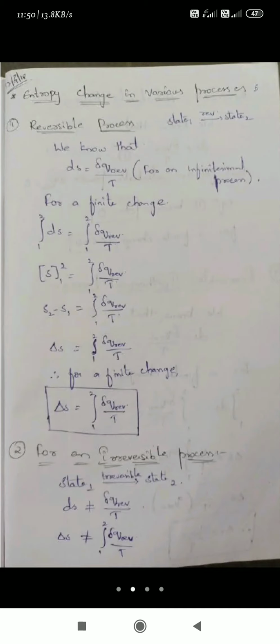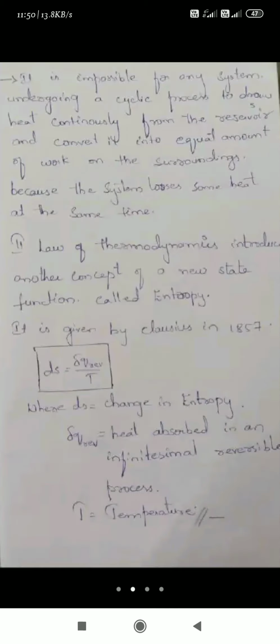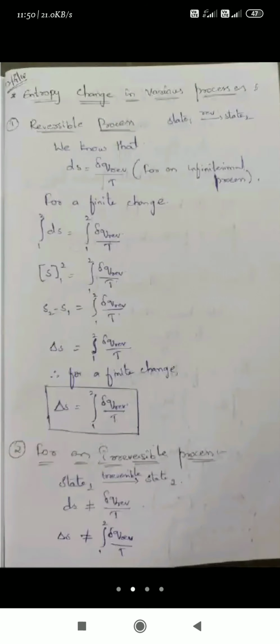This entropy term comes across in the second law of thermodynamics, given by Kelvin-Planck, where they stated that it is not possible for any system undergoing a cyclic process to convert all the heat absorbed by the system into work; it will be losing some heat to the surroundings also. 100% of the energy absorbed by the system cannot be converted into 100% work on the surroundings.